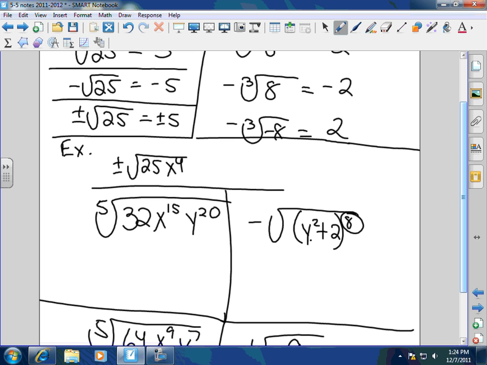Now, what if I wanted to solve the following? What would the plus or minus square root of 25x to the fourth be? Plus or minus 5x squared.